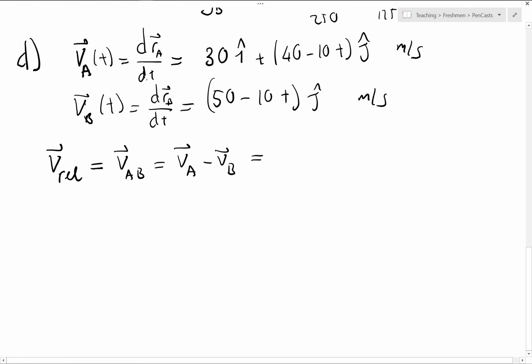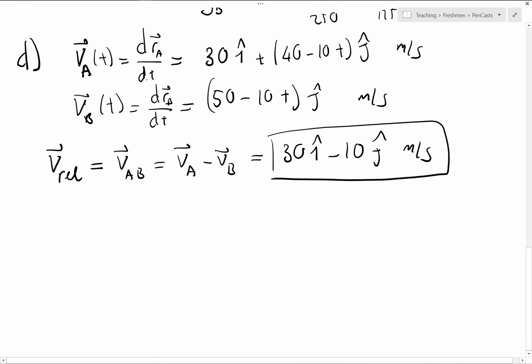If I subtract these two, I will find 30 i hat, minus 10t is cancelled, minus 10 j hat meters per second, and amazingly it's actually independent of time. So at t equals 2 seconds, it's the same thing. So that's what we have found.